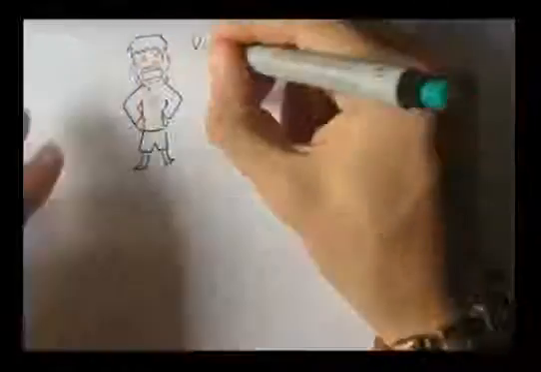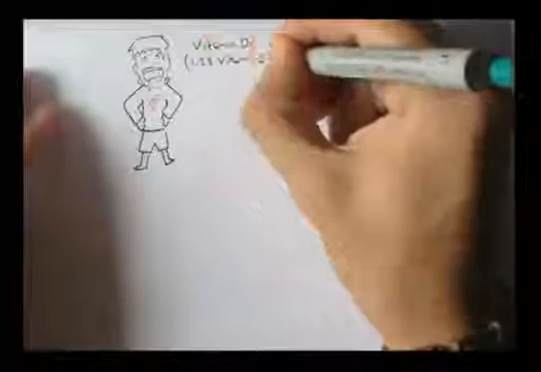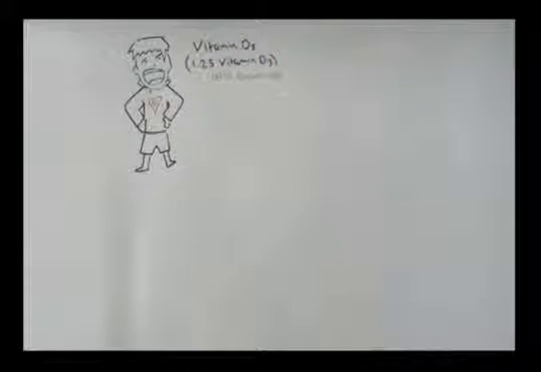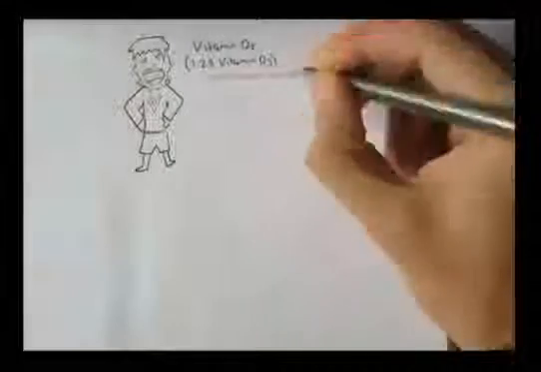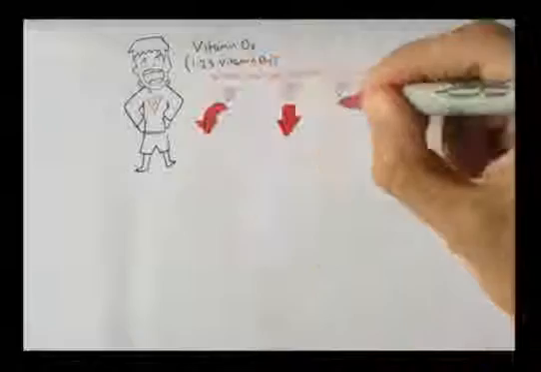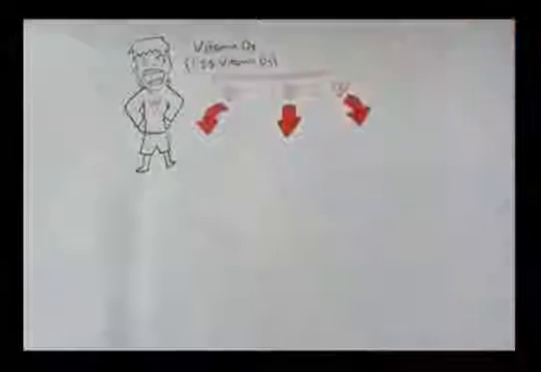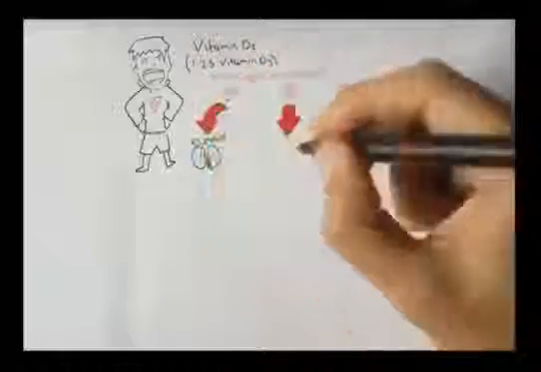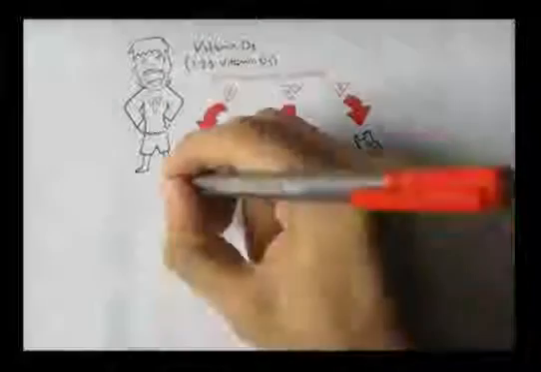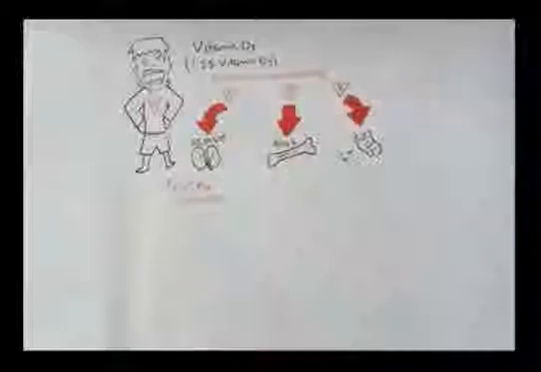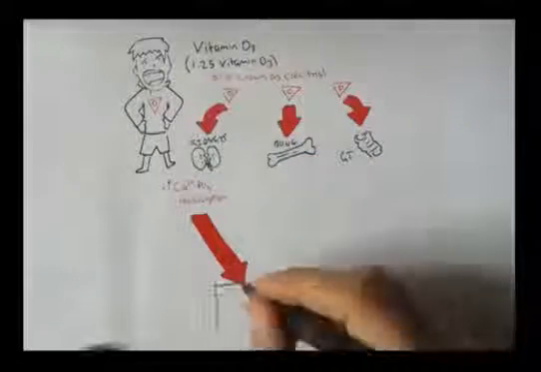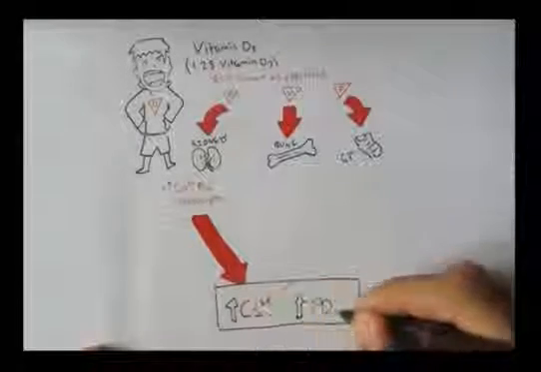For vitamin D, or 1,25 hydroxyl vitamin D3, it also targets the three areas, the kidneys, the bone, and the gastrointestinal tract. Vitamin D3 in the kidneys causes an increased absorption of calcium and phosphate, which will essentially increase calcium and phosphate concentrations in the body.